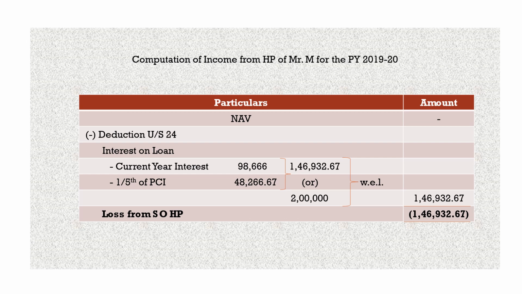If we remember the provision regarding a self-occupied house where the loan is taken on or after 1/4/99, the maximum limit for purchase or construction of the house is 2 lakhs. So in this case, 1,46,932.67 or 2 lakhs, whichever is less, can be claimed as deduction under section 24 with regard to interest on loan. So, since the NAV is nil, there will be a loss from this self-occupied house of 1,46,932.67.